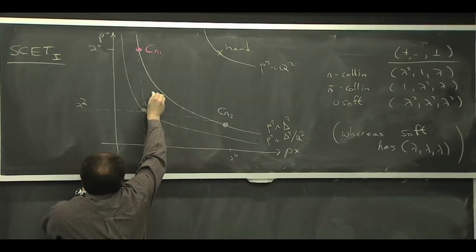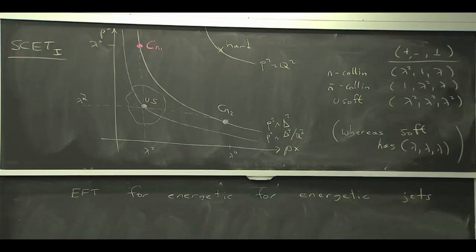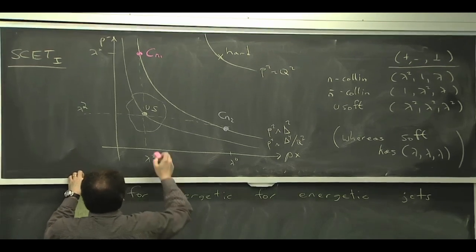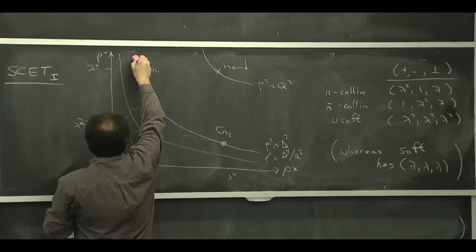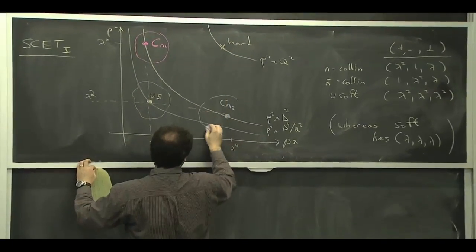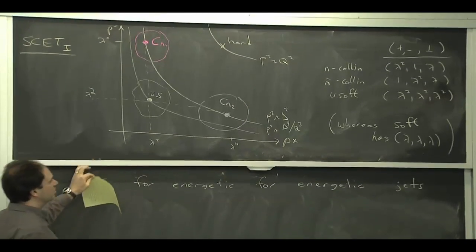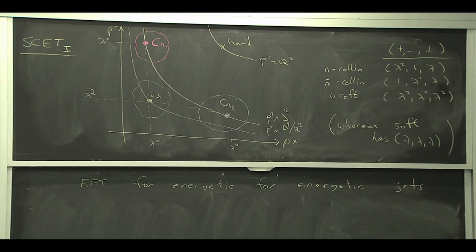And you still should think about these things with blobs like that. But then there becomes a question, which was more obvious actually in the SCET1 case, and that is how these things overlap with the axes. And we'll come back and talk about that later. But for now, just think of them as being localized in that way.